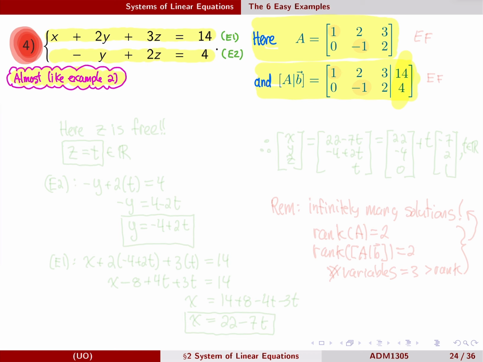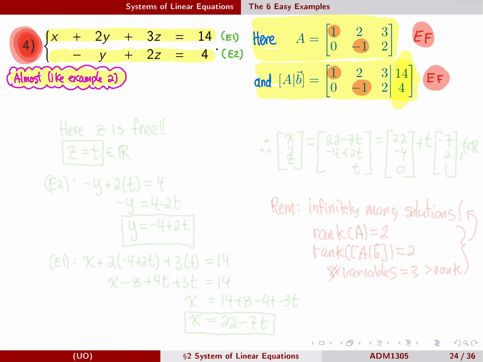We have a matrix where the leading coefficients are 1 and minus 1 for both, so those two matrices are in echelon form. One of the reasons most of these examples in this section are easier is the nice structure of these augmented and coefficient matrices in echelon form.